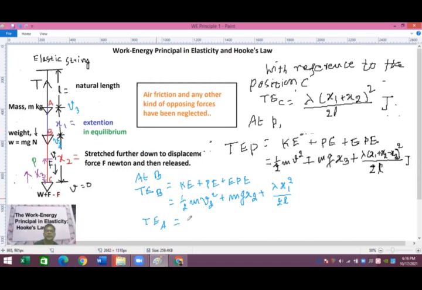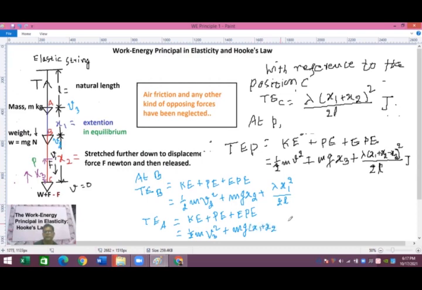So the total energy is kinetic energy plus potential energy plus elastic potential energy. The kinetic energy is half m v3 squared, and the potential energy is mg times the height, which is x1 plus x2.